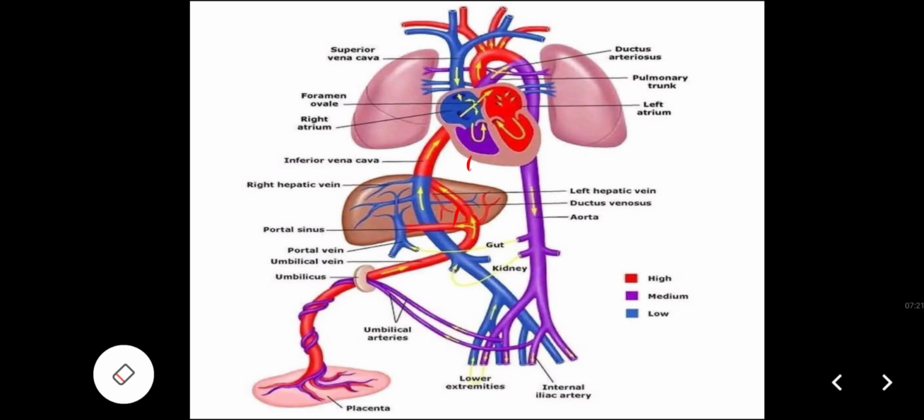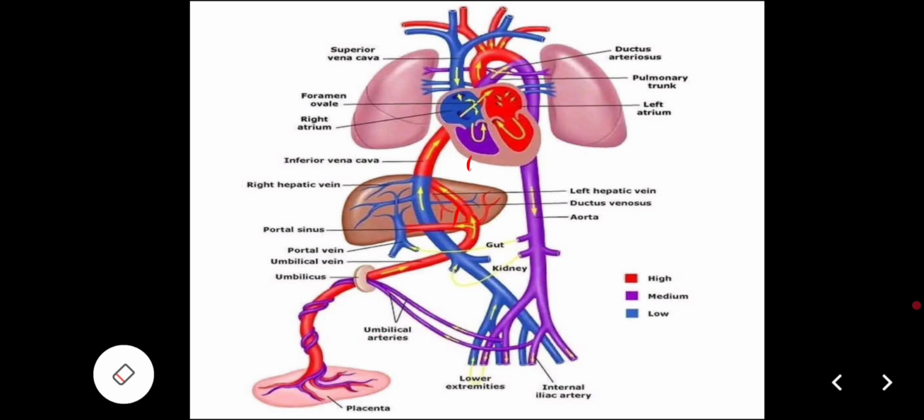As we explained, in this fetal circulation, oxygenated blood from the placenta through the umbilical vein will bypass the liver via the ductus venosus and enter the inferior vena cava to the right atrium. Also, blood from the upper part of the body through the superior vena cava will enter the right atrium to the left atrium through the second shunt, which is the foramen ovale.